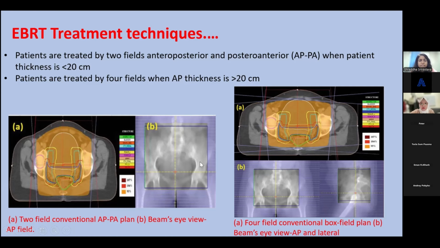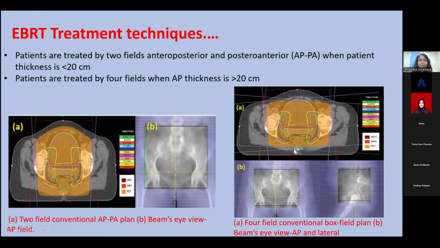Similarly, in this figure, we have two radiation beams which are passing through the anterior part of the patient as well as the posterior part of the patient. While in the other image, we have around 4 radiation beams, anterior part, posterior part, as well as lateral radiation beams, which are irradiating the tumor volume.